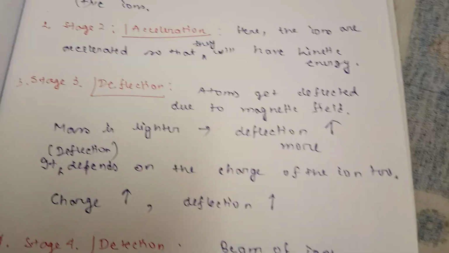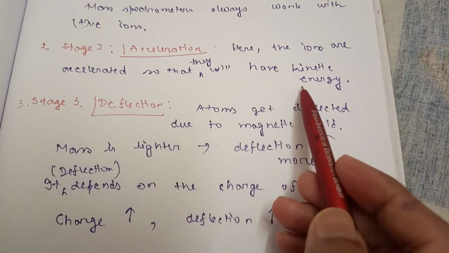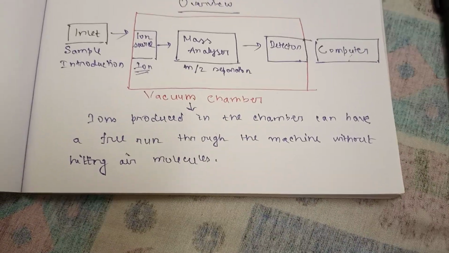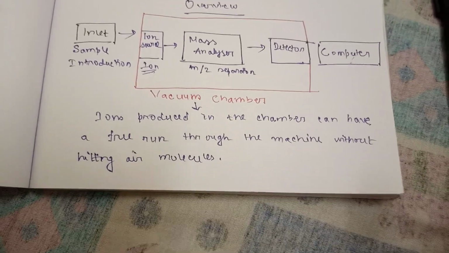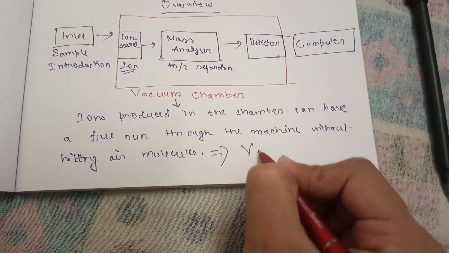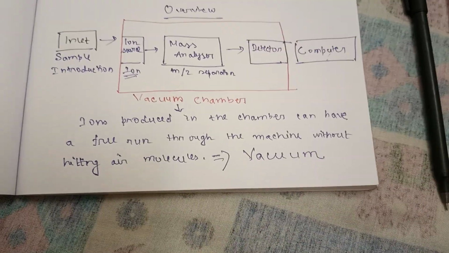Remember in the acceleration, I have said that the ions are accelerated so that they will have the kinetic energy. So to have the maximum kinetic energy, it needs the least amount of resistance or no resistance. So that's why the chamber is vacuum or void.